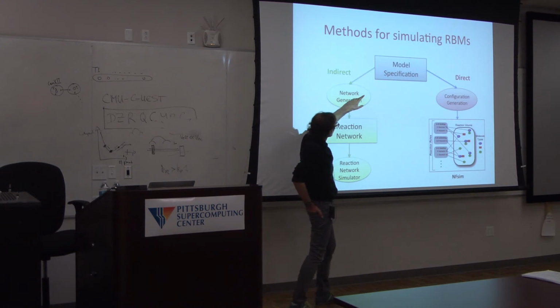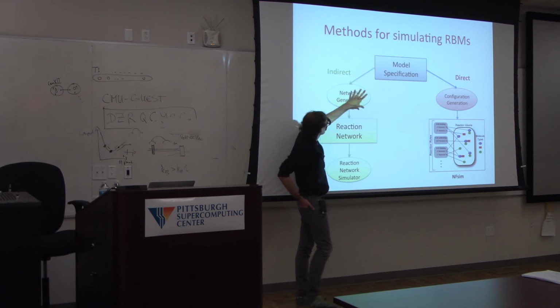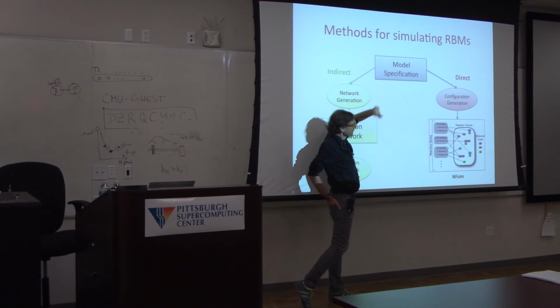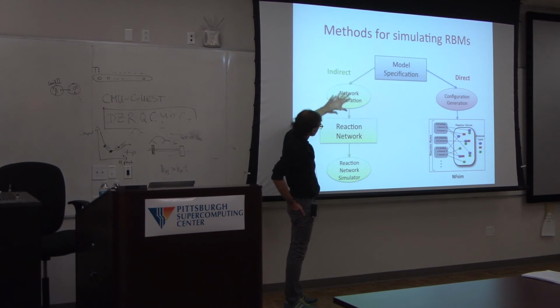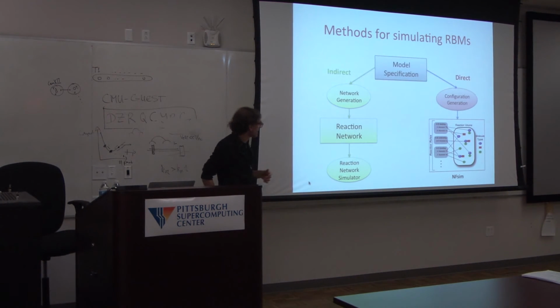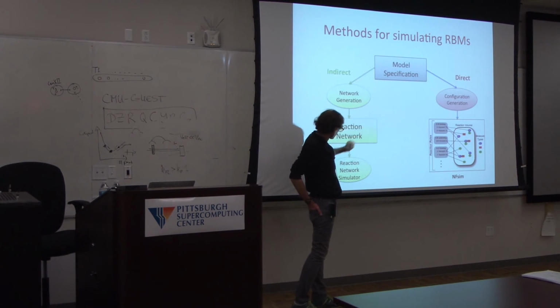So we have our model, our set of objects and rules. We generate a reaction network, all the possible species and reactions that are implied by this set of molecules and rules. So we get a reaction network, a set of elementary mass action reactions that we've seen.